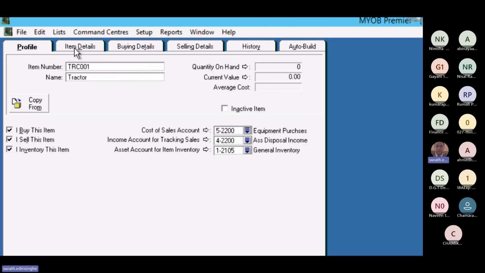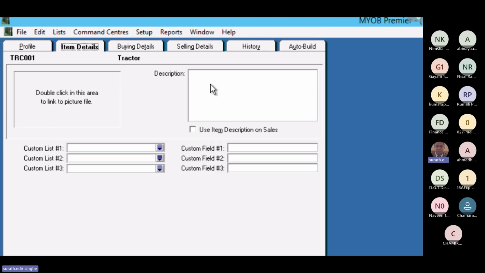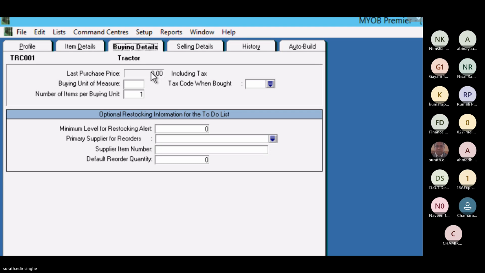Then go to the item detail, description: purchase of tractor. Buying detail, not activated on unit price, each one by one.